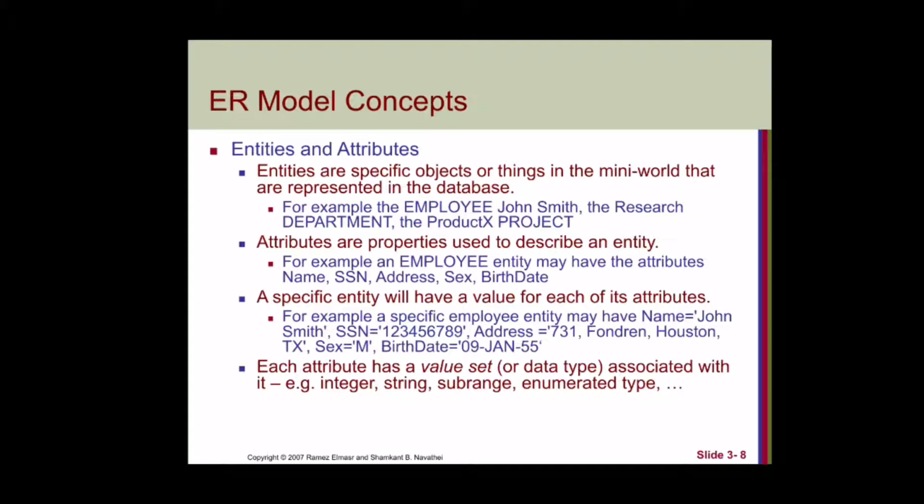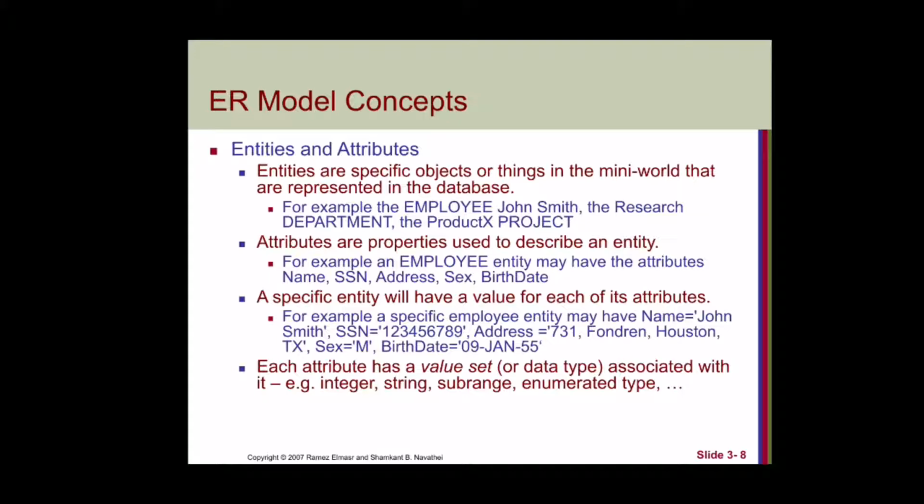Then a specific entity will have a value for each of its attributes. Whatever attributes we have in a table, for a particular attribute we give some values. For example, an employee entity may have name equal to John Smith, SSN equal to 123456789, address equal to something, then sex or gender equal to male, and a birth date.